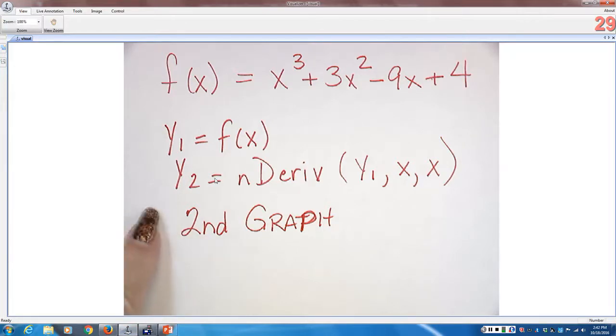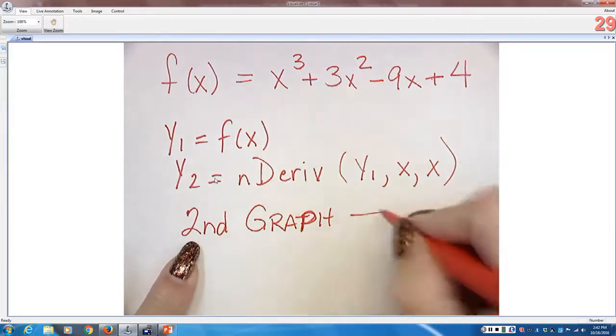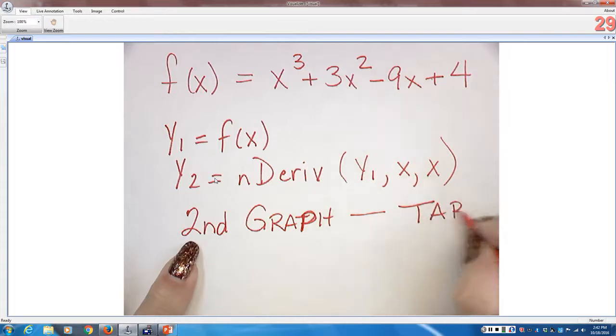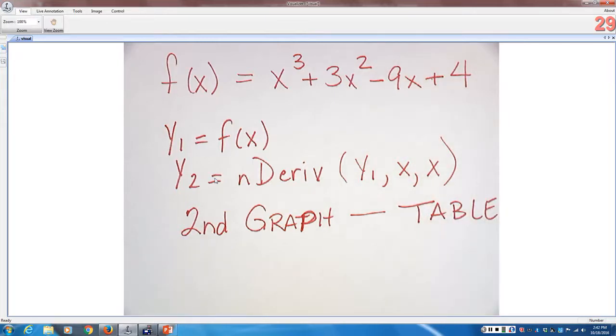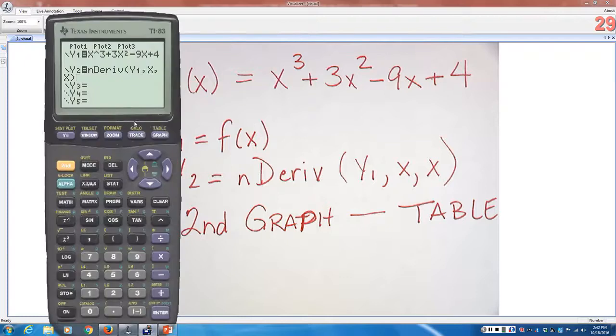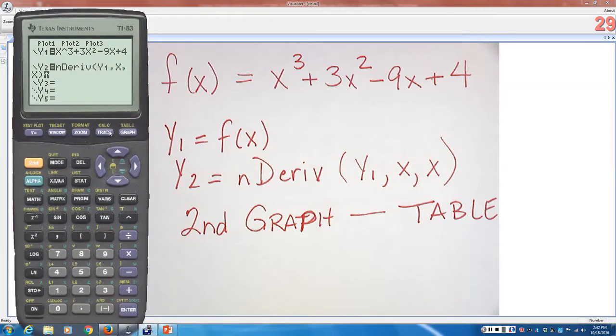Once you've got that in your calculator, we're going to hit second graph because we want to go to the table. Now, I'm not really interested in the y1 values. Since I'm not interested in them, you can come back here to y1, put your cursor on your equal sign and press enter. And when you look at your table, you won't even see the values of the function. You'll see only the values of the derivative.